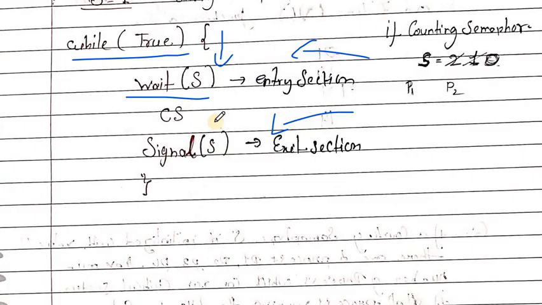When any process wants to enter the critical section, it executes the wait function. After completion of the critical section, the process executes the signal function.